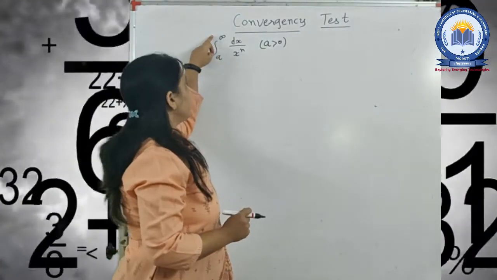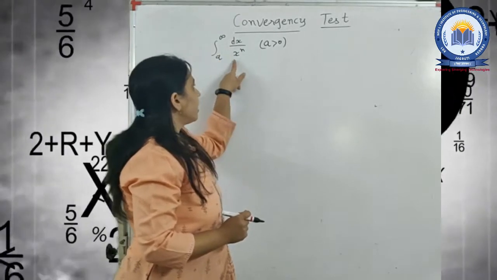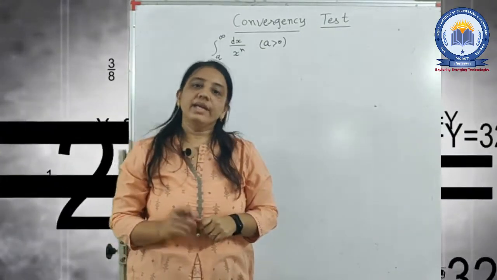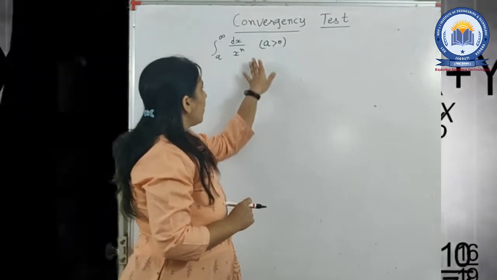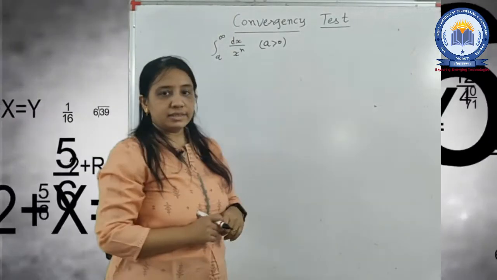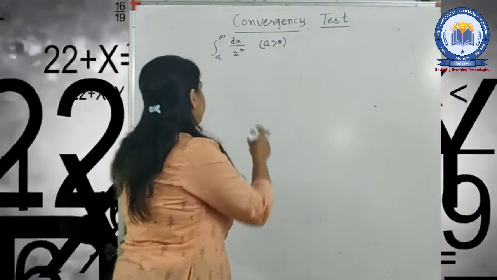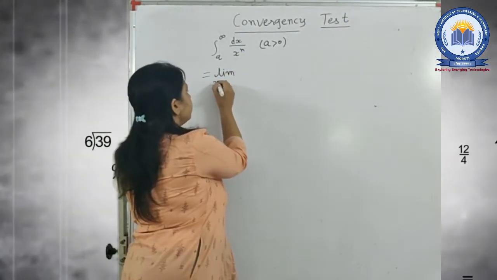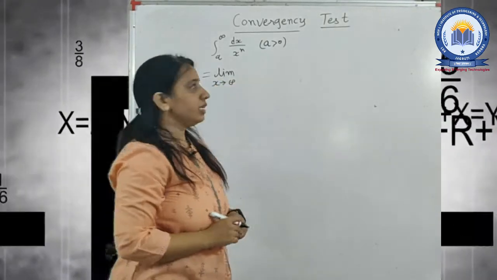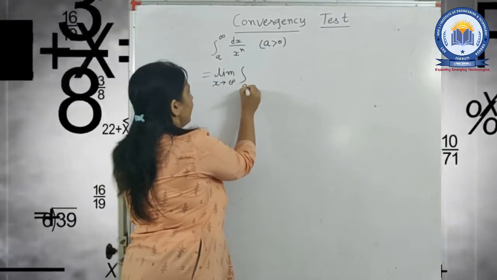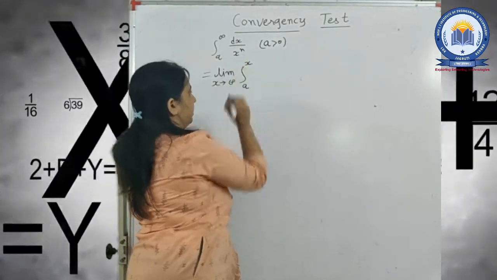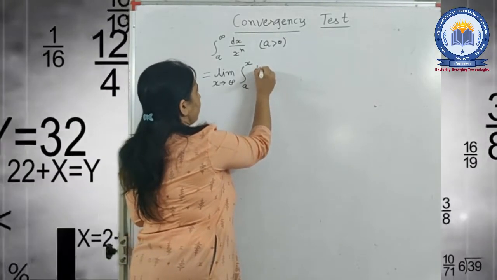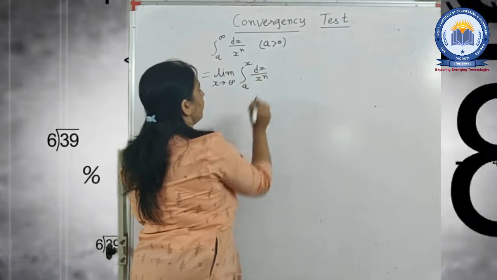Consider the integration from a to infinity of dx upon x raised to n, for a greater than 0. For solving this, we rewrite it with a limit, so it equals the limit as x tends to infinity of the integration from a to x, instead of infinity we write x, of dx upon x raised to n.